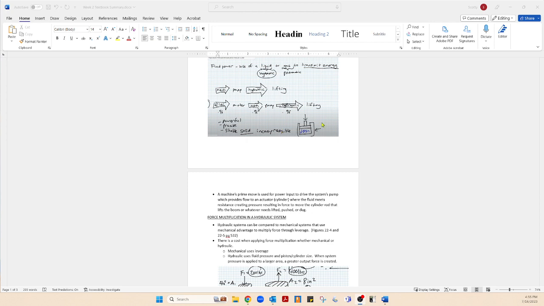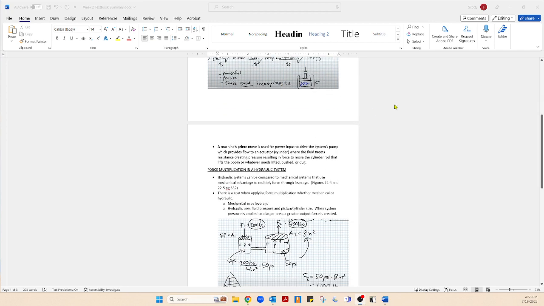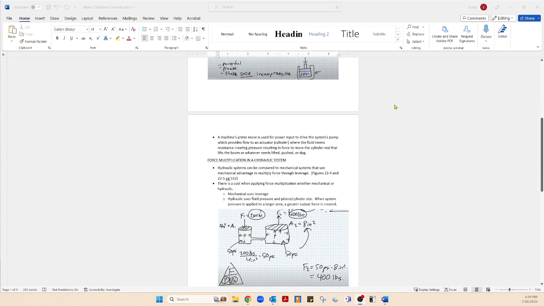It's incompressible. I said I was going to interpret the book a little bit as we go through, but not spend much time on it. We'll start out with about the first three pages of chapter 22, and these are things within those first three pages.